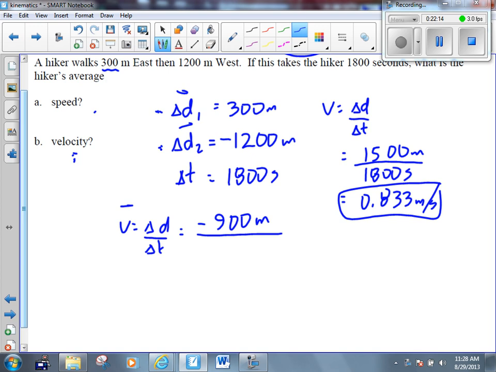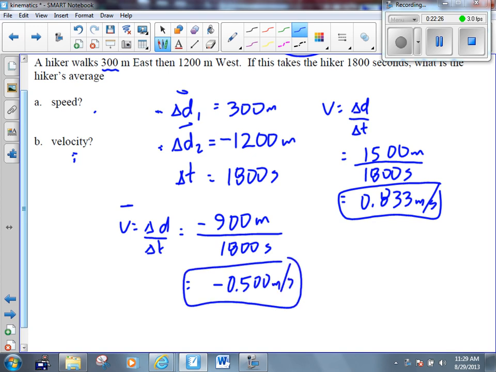That makes sense? We divide that by 1,800, and we end up getting negative 0.500 meters per second. And that negative means it's to the west. So we could say 0.500 meters per second west.